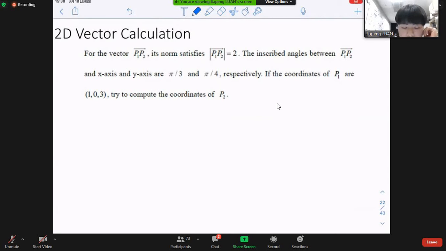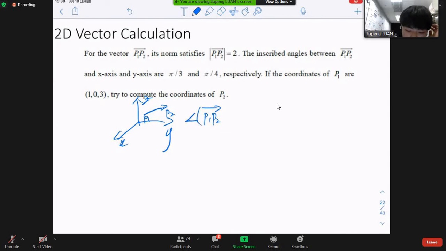Okay, for a vector, there's an equation that you need to know. For example, in the XYZ coordinate, there is a vector like P1, P2. Then the angle between P1P2 and I, where I is the unit vector of the x-axis, we say this is gamma 1.